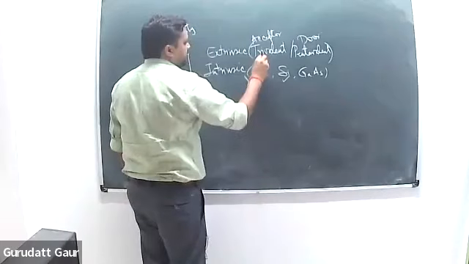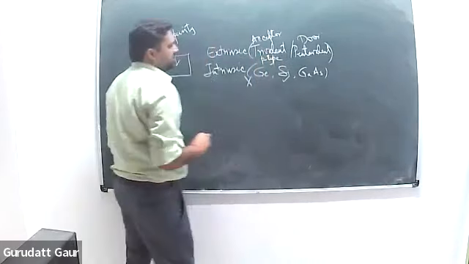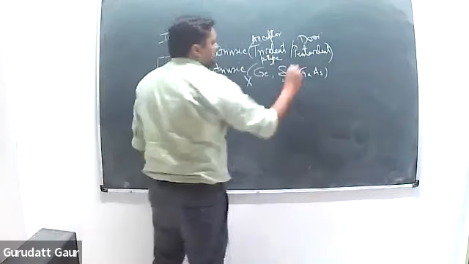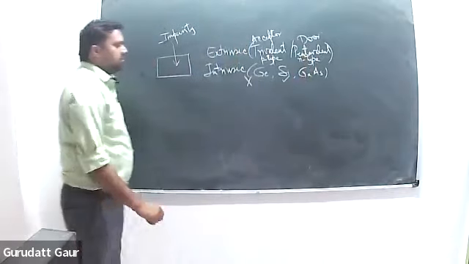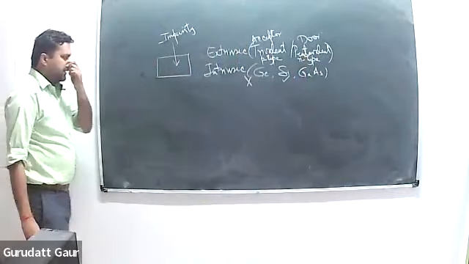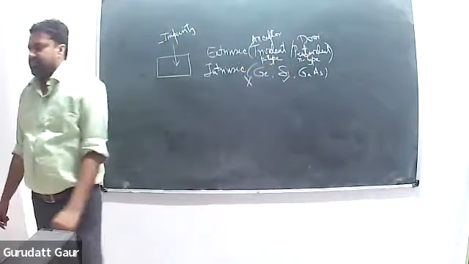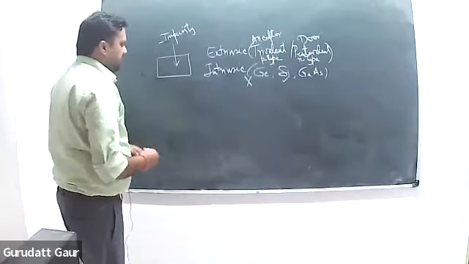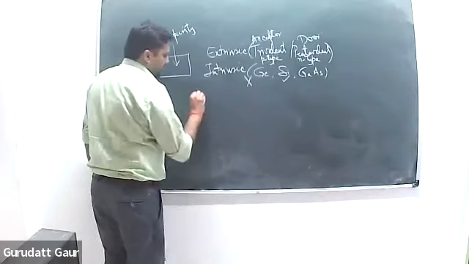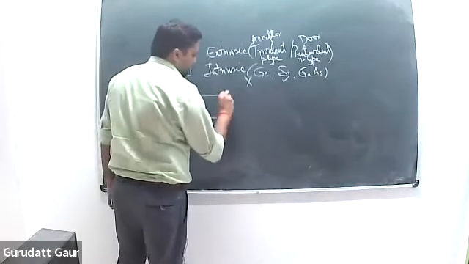So these are called p-type semiconductors when you mix them with this impurity, and here you call them n-type. The majority charge carriers here are the holes, and in this case, the electrons.